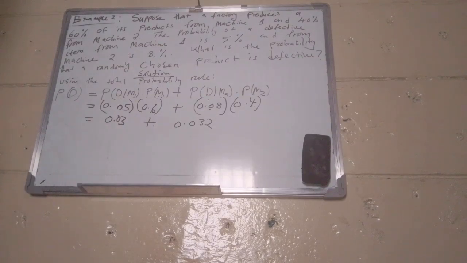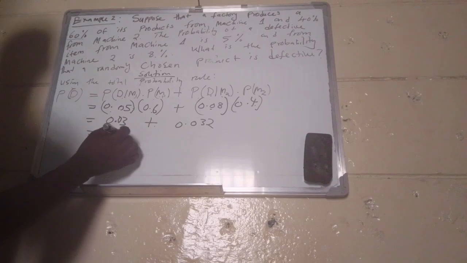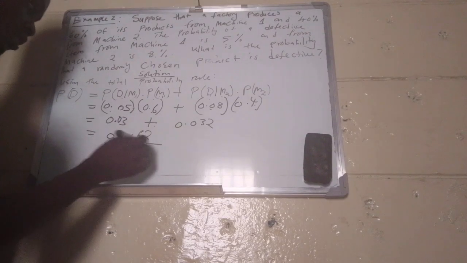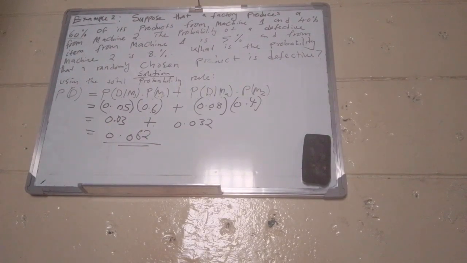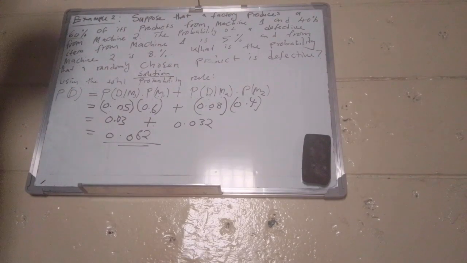So by the end, the summation of these two will lead us to 0.062 as the probability that this product is defective. So this is how we'll be able to handle this question using total probability.